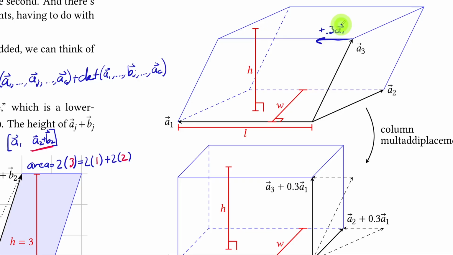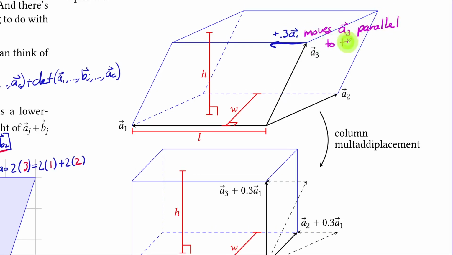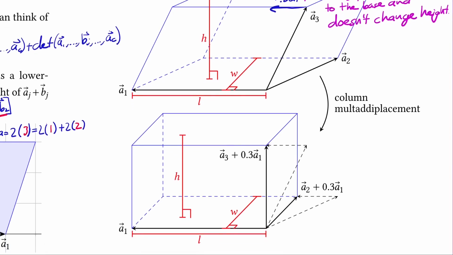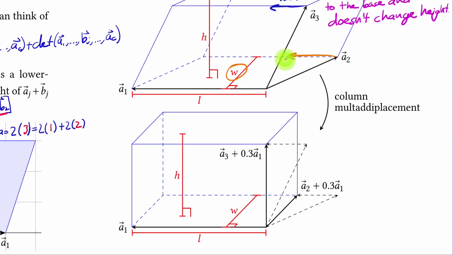And that doesn't change the height because we're moving the point in a direction parallel to the bottom. Okay. And likewise, you could do the same thing with A2. Moving A2 in this direction is not changing the width. It's not changing the distance perpendicular to the A1 side, because we're just moving it in a direction parallel to the A1 side.